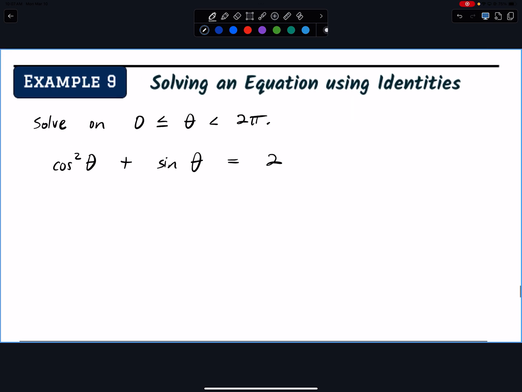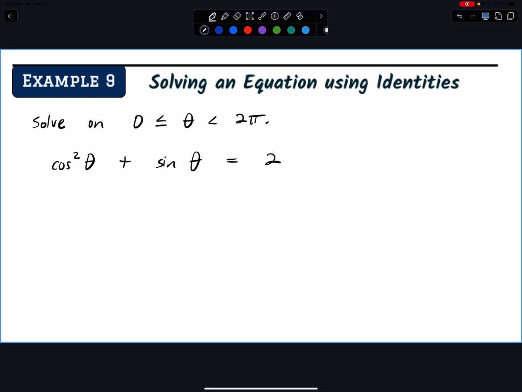Okay, what is something that we don't like about this problem? It's trig. Yes, we don't like trig, but it's what? There's 2 trig functions, right? So I have sine and cosine squared. Which one am I going to try to change? Cosine squared. So kind of like the same idea.